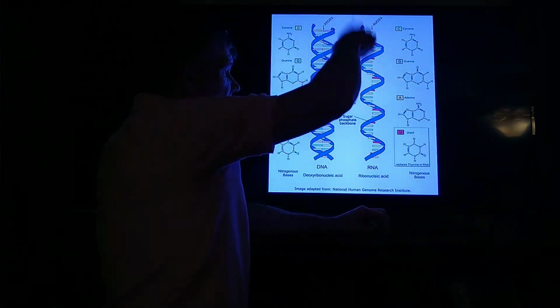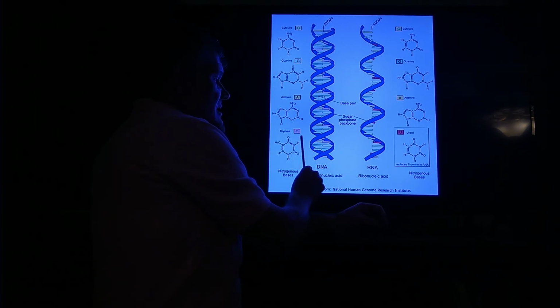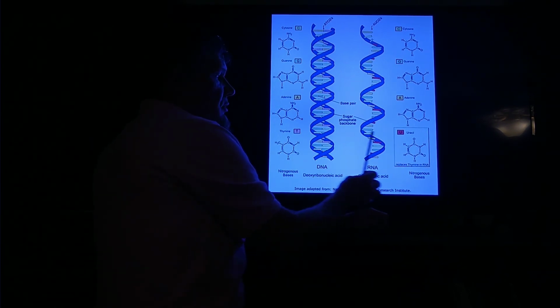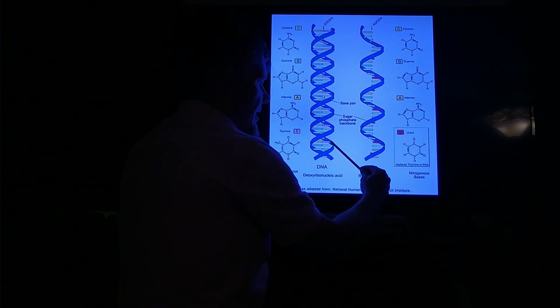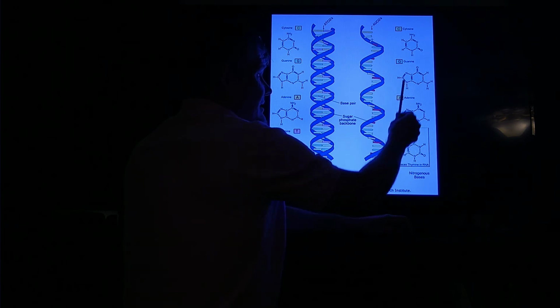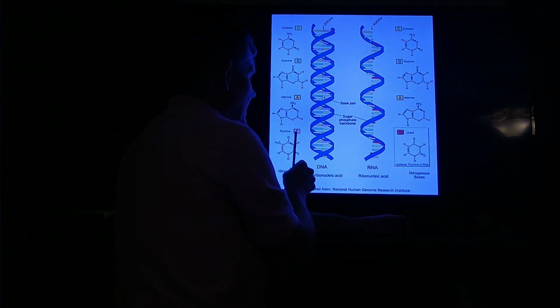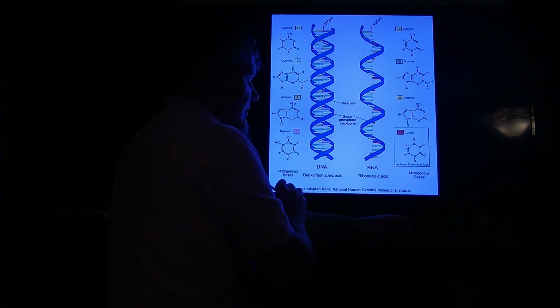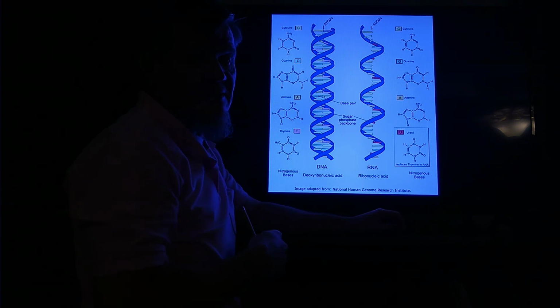In the single strand of RNA, anywhere you would put a T, you replace it with U. You replace it with uracil. Anywhere you would put a thymine, instead you put a uracil. I still have adenine, I still have guanine, I still have cytosine, but instead of thymine, I put uracil.